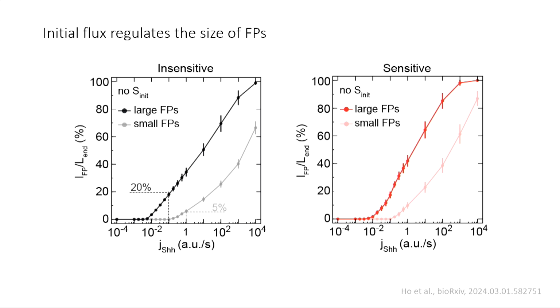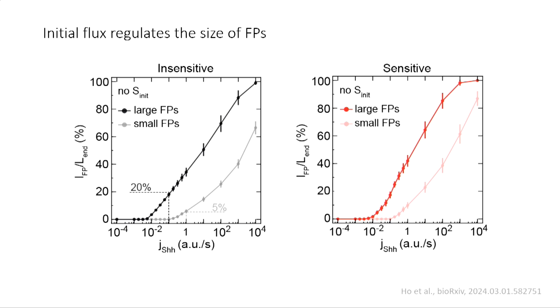So if you have more initial Sonic Hedgehog, and this is something we model by adding the flux of Sonic Hedgehog to the system, you could really change the relative size of the floor plate.